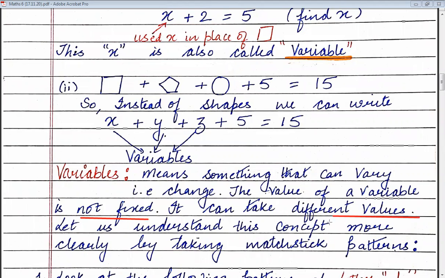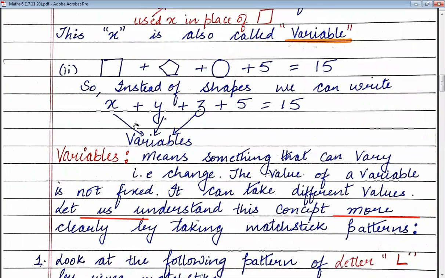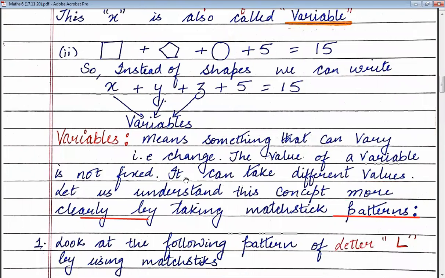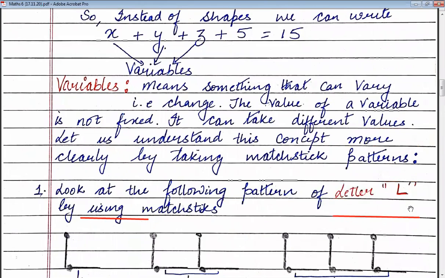Children, let us understand this concept more clearly by taking the example of matchstick patterns. Now, look at the following patterns of letter L by using matchsticks.